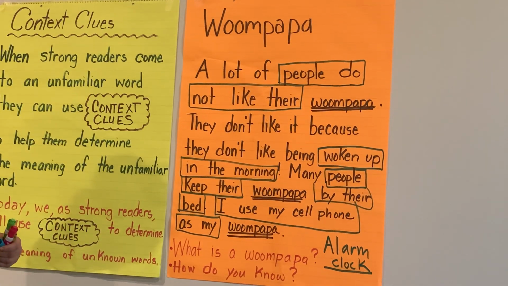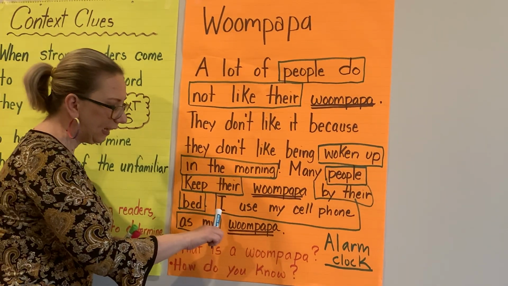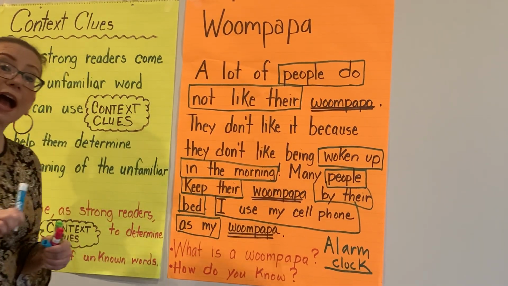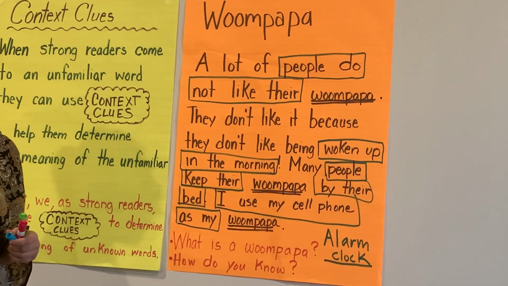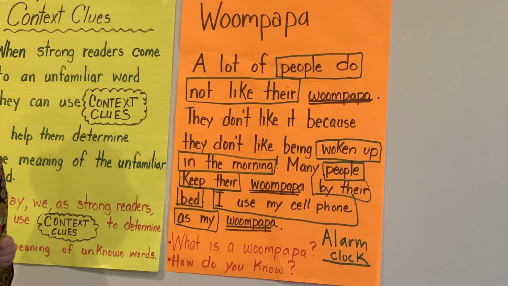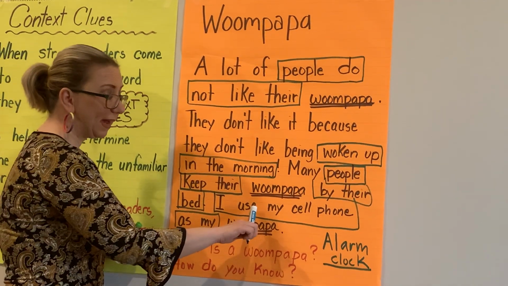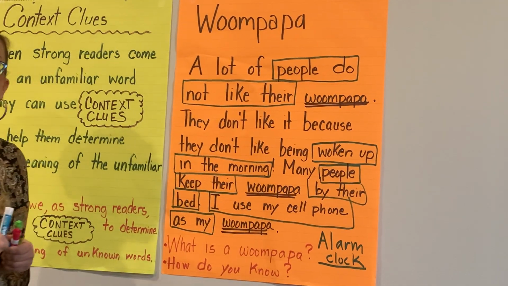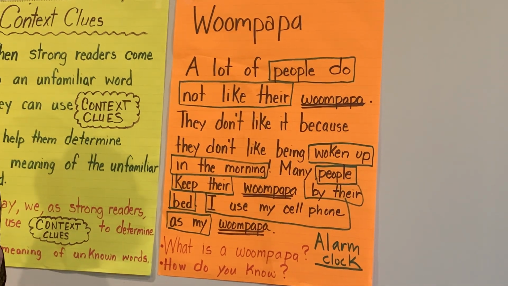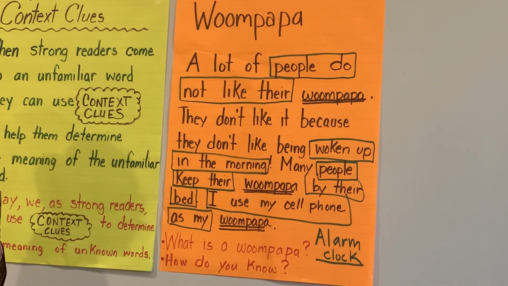And finally, I know that I personally do not have a clock next to my bed, but instead I use my cell phone and set an alarm that wakes me up in the morning.